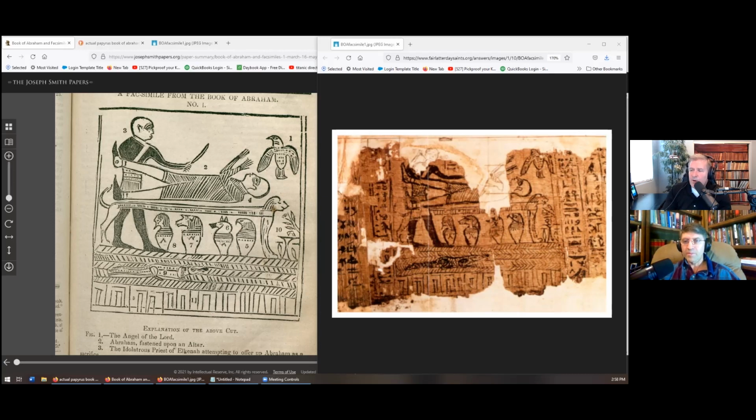Right. Because now what we have, these facsimiles, or the original papyrus, would have been written down later, I should say, than when this all happened. So this all happened to Abraham much earlier, when he was in about, younger, 2000 BC. Right. And the papyrus that we have is about 200 BC.